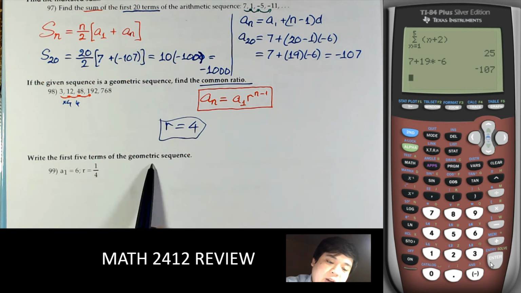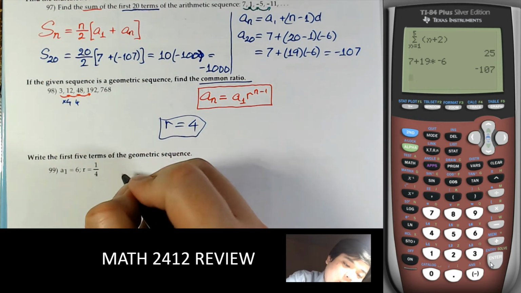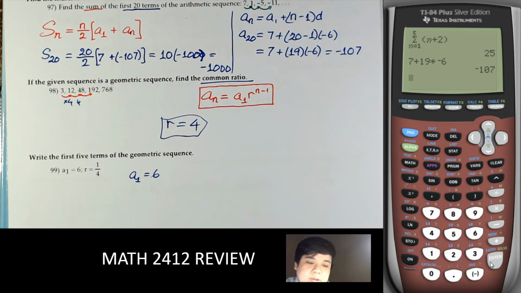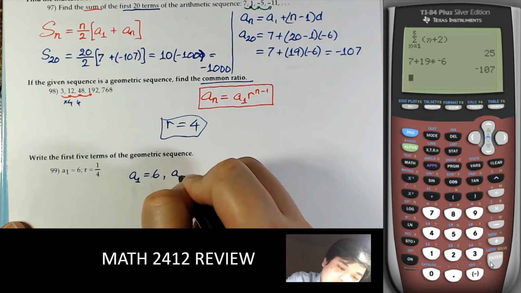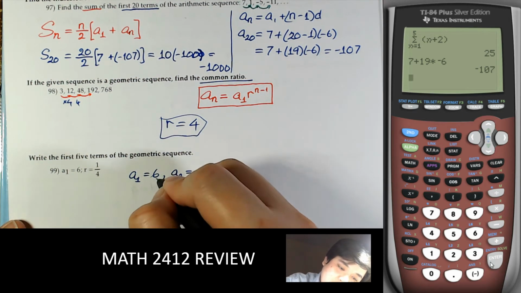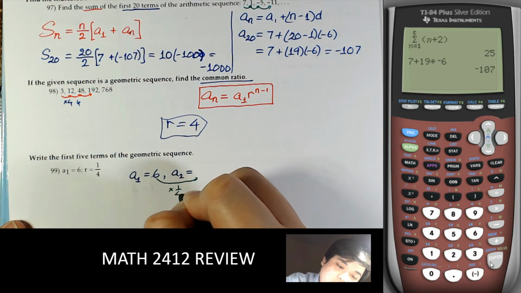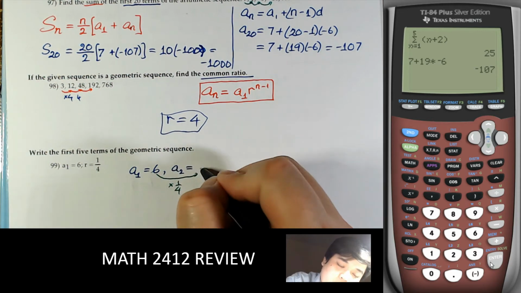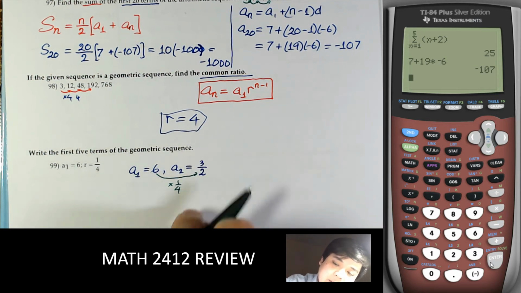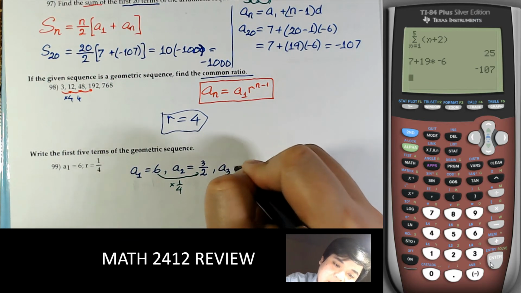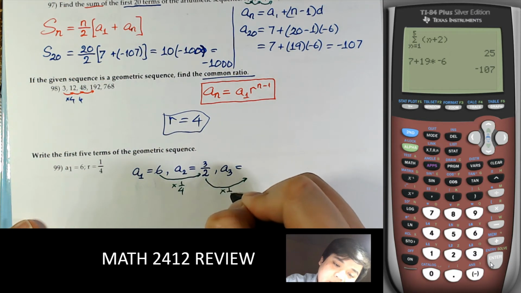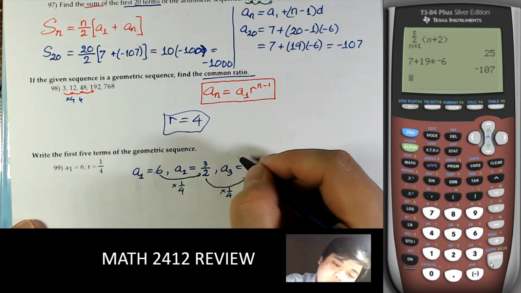Next, write the first 5 terms of the geometric sequence. We start with a1 is 6. Then a2: we multiply by 1/4. 6 times 1 over 4 is 6 over 4, which is 3 over 2. Then for a3, we take this and multiply by 1/4, so it'll be 3 over 8.